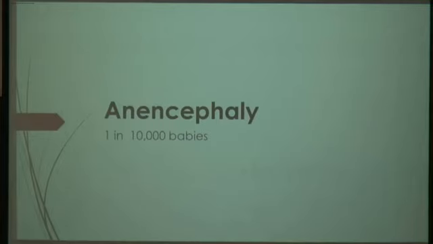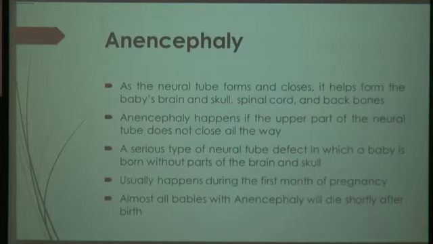The second type of neural tube defect I want to talk about is anencephaly, which occurs in 1 in 10,000 babies, so it can be considered rare. The principle is similar. As the neural tube forms and closes, the upper part of the tube helps form the baby's brain and skull. Anencephaly happens if the upper part of the neural tube does not close all the way.